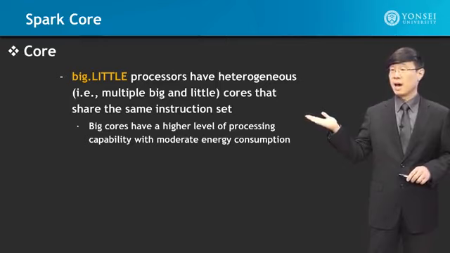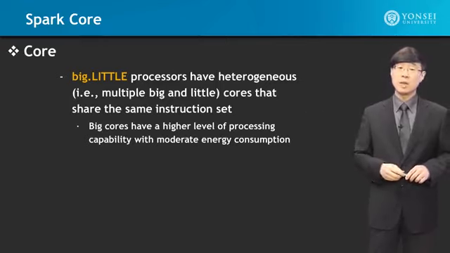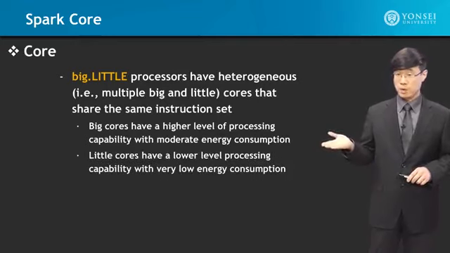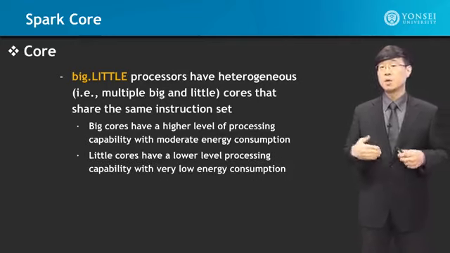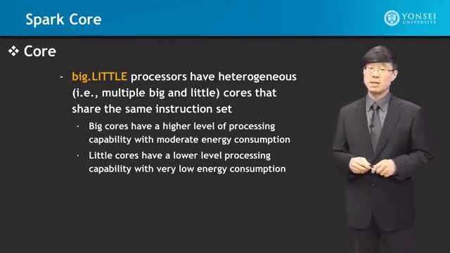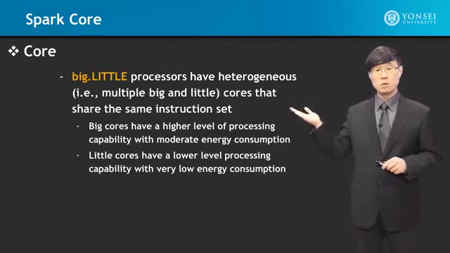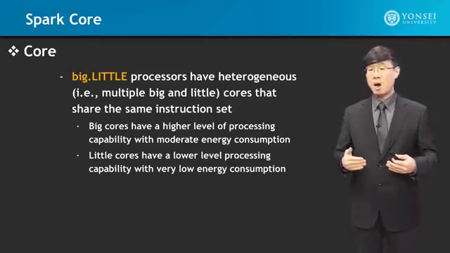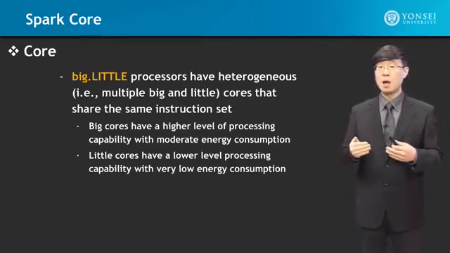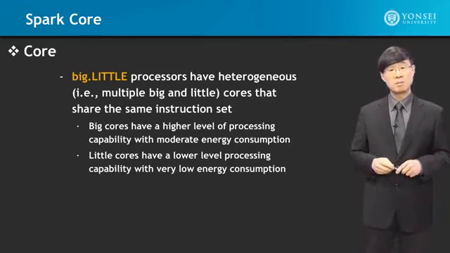Big cores have high computing capability and use relatively more energy than the little cores do, and the little cores have much more energy saving capabilities, but they are slower. So, more computationally burdensome tasks are assigned to the big cores, while the light operations, including the daemon processes that run in the background, are executed on the little cores.